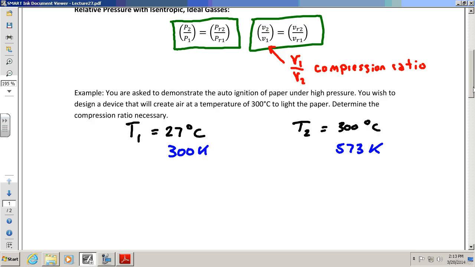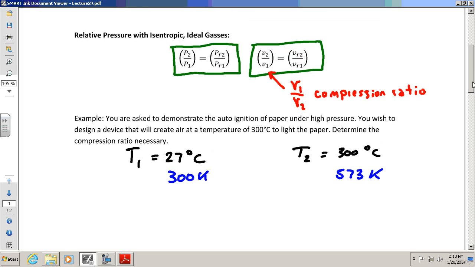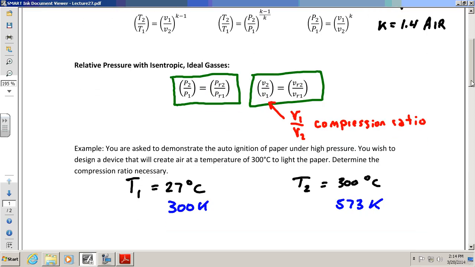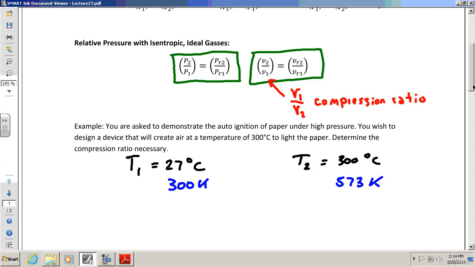So let's try this. How are we going to solve this? Magic. We're going to apply these equations here, okay? We're going to assume air is an ideal gas, and we're going to assume it's an isentropic process, and I want to solve for the compression ratio, V1 over V2.